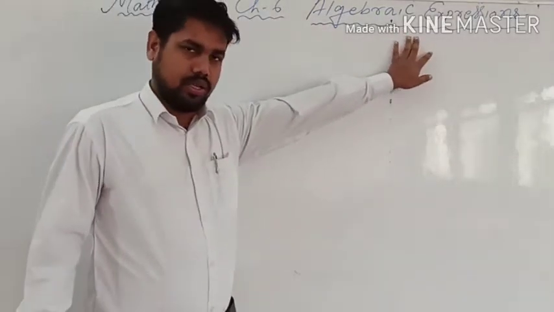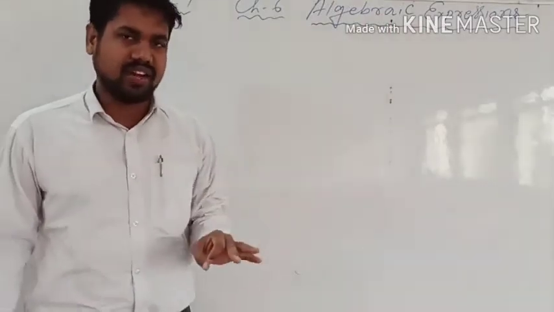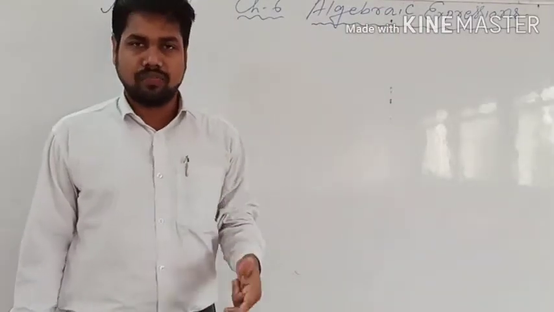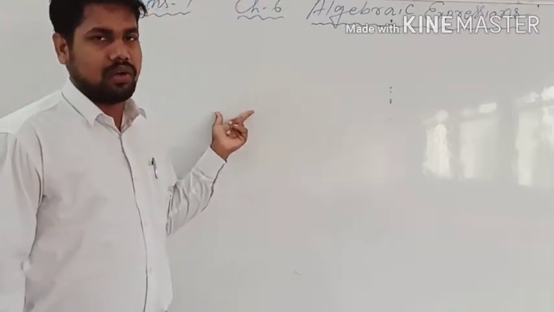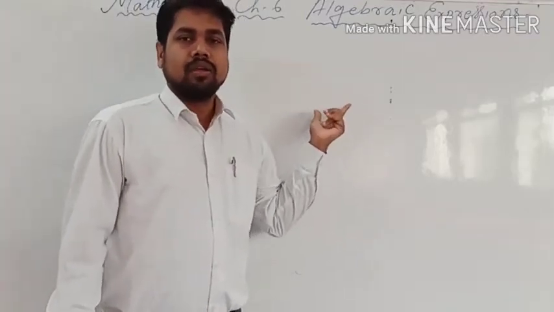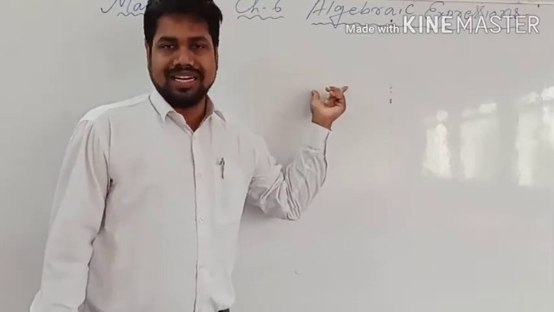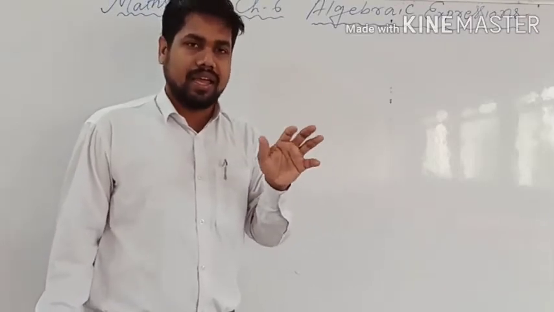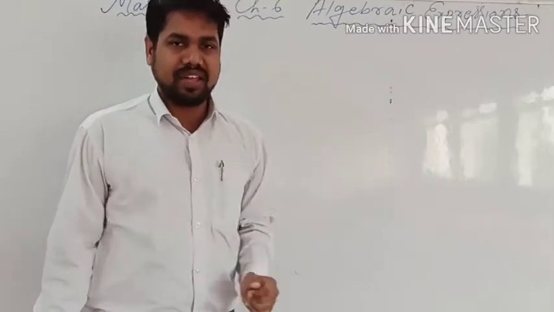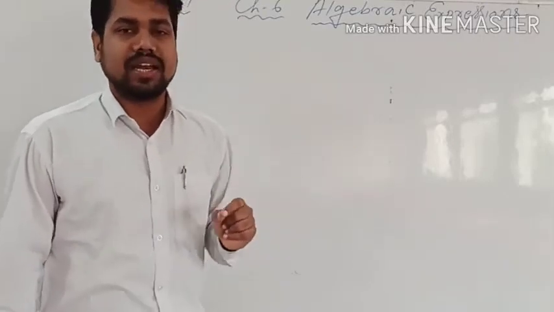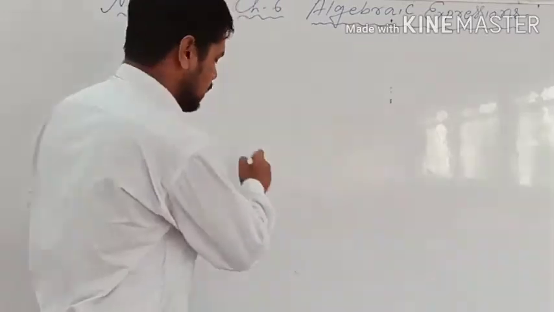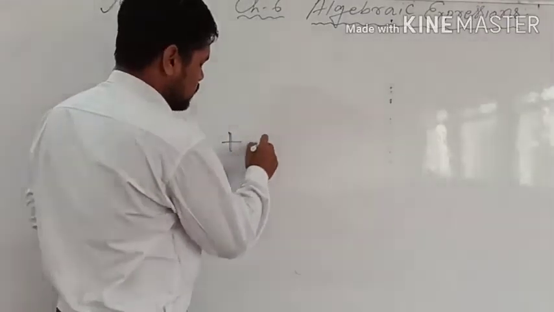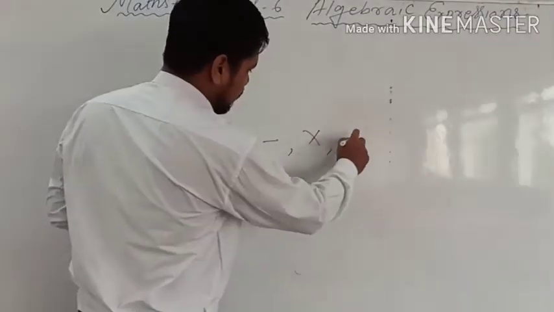So now what is an algebraic expression? We can define an algebraic expression as a combination of constants and variables. An algebraic expression is a combination of variables and constants, which are connected with some basic operations: addition, subtraction, multiplication, division.